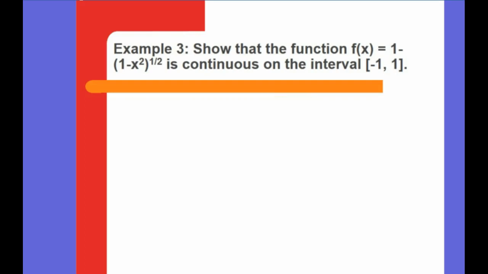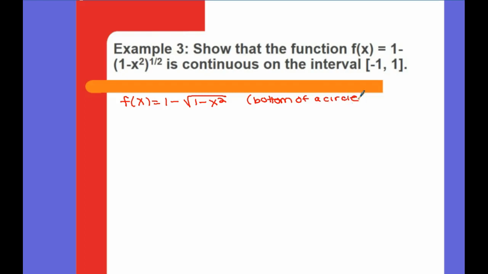Show that the function f of x equals 1 minus the square root of 1 minus x squared is continuous on the interval from -1 to 1. So again, this is a semicircle because it's only the negative side. The negative implies it's the bottom of a circle.